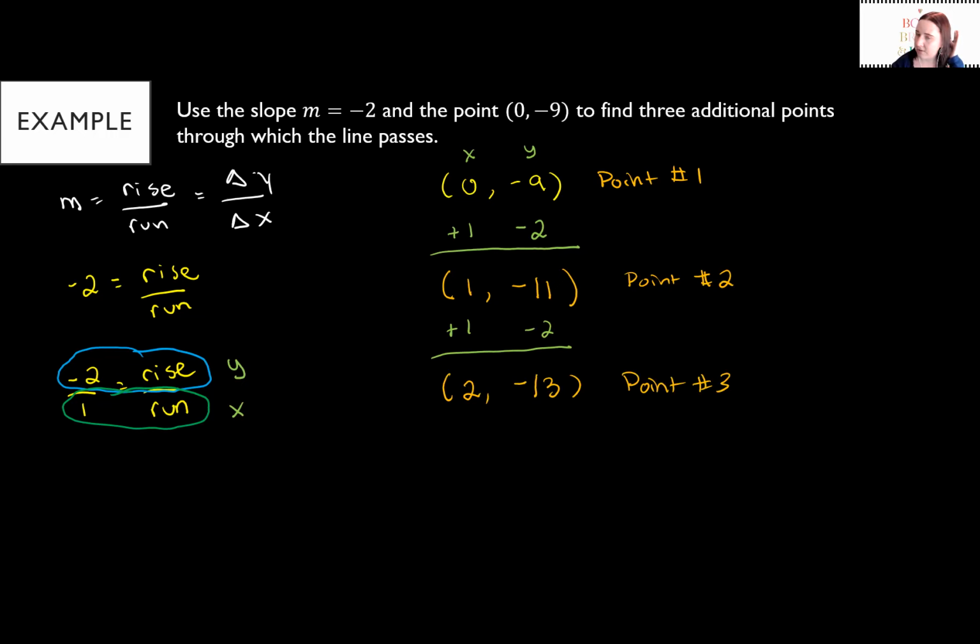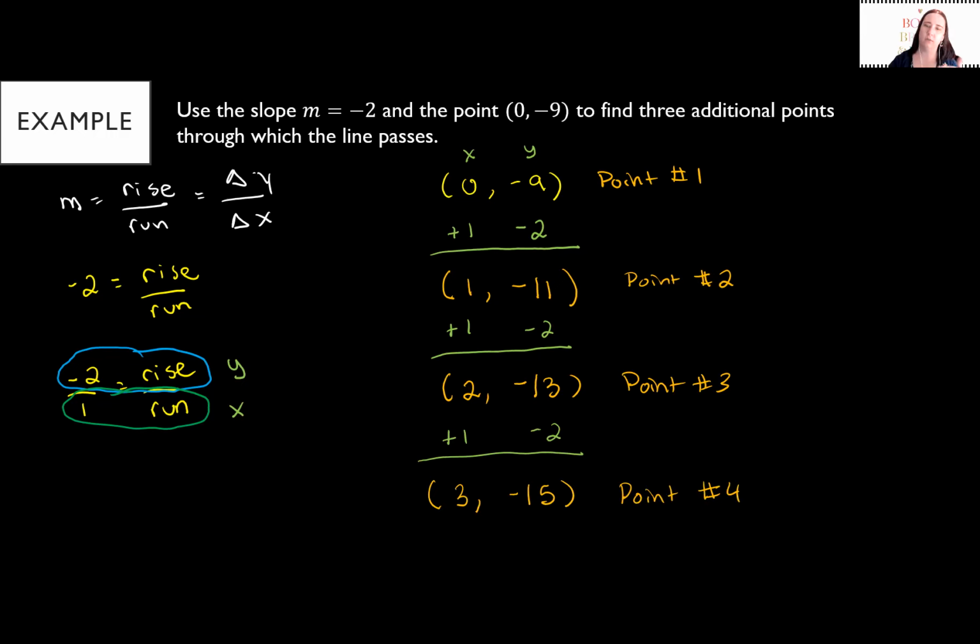So we want 3 additional points, which is going to give us a total of 4 points. So again, I'm going to repeat the process another time. And this gives us 3 and then -15. It gives us a 4th point here.